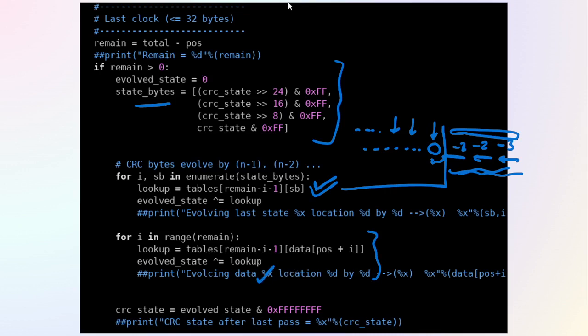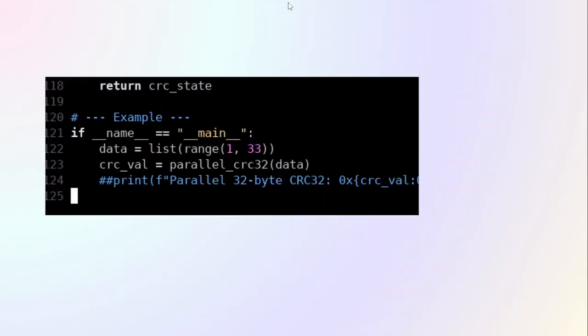And then the CRC again in this last clock cycle, same thing. It's the integral, and then at the end you make sure you only take 32 bits, so you remove any higher bits.